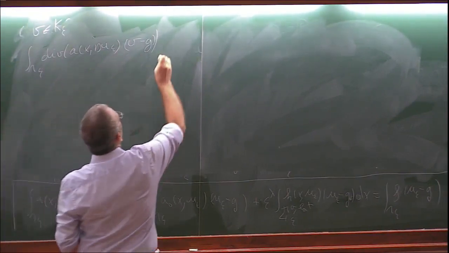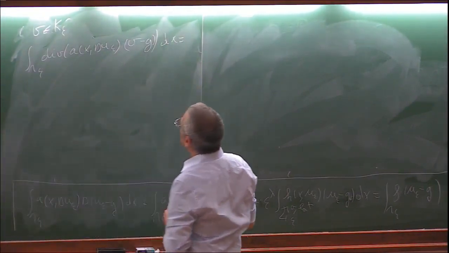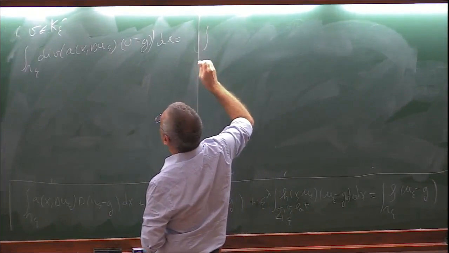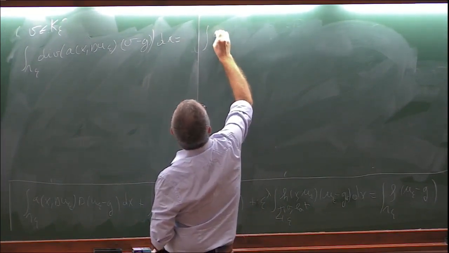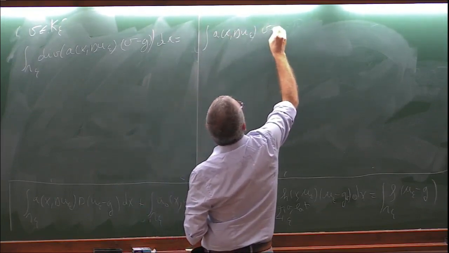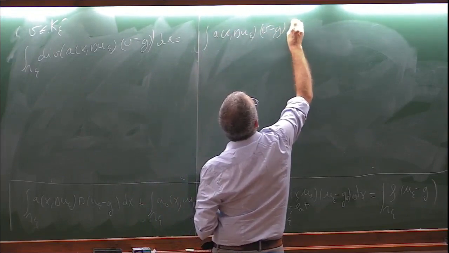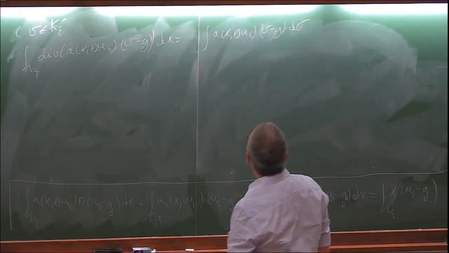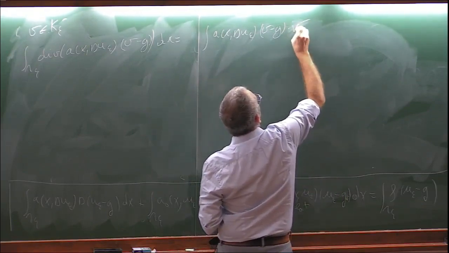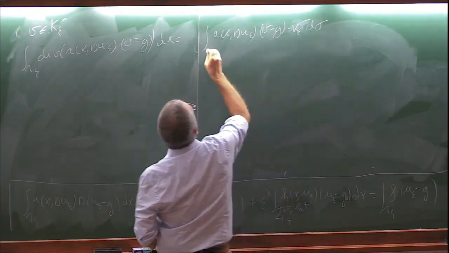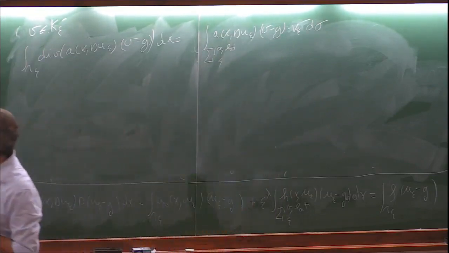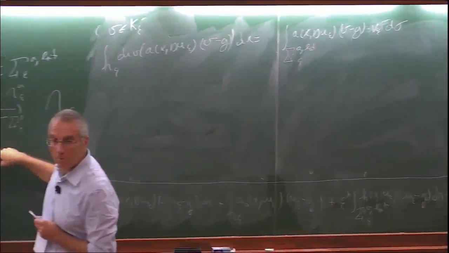As before, this is equal, we apply the Gauss theorem, to the integral of A of x gradient of u epsilon times (v minus g) scalar nu epsilon on sigma A lateral epsilon, only on the lateral boundary, because here we have the homogeneous Neumann boundary condition.